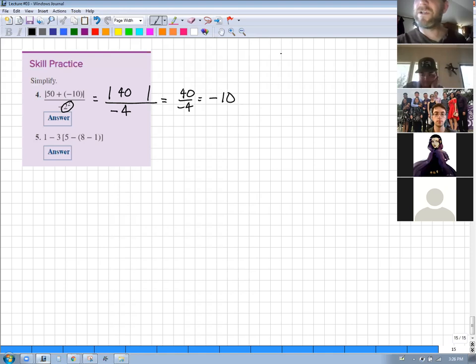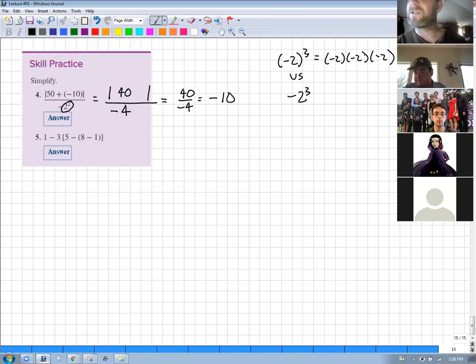So one thing I want you to look at is negative 2 squared versus negative 2 squared. Actually, let me do cubed. Remember, when you have an exponent, it says you multiply the thing by itself that many times. So in this case, this is negative 2 times negative 2 times a negative 2.